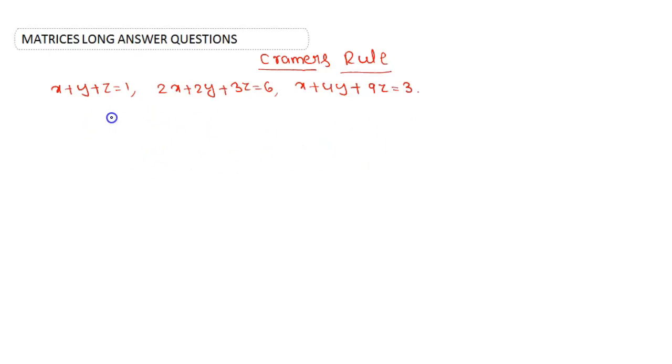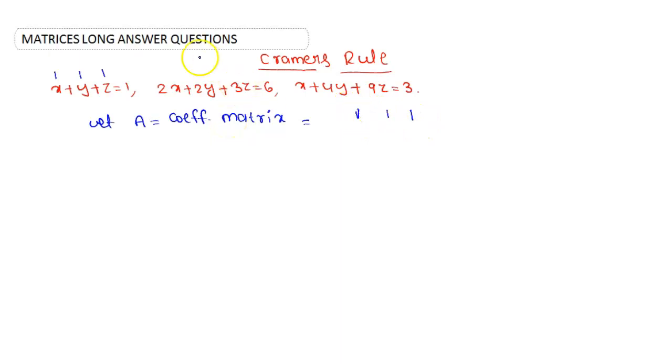So first I am taking, let capital A is equal to, naming it as coefficient matrix. Here I am taking first equation coefficients: 1, 1, 1, in the first row.